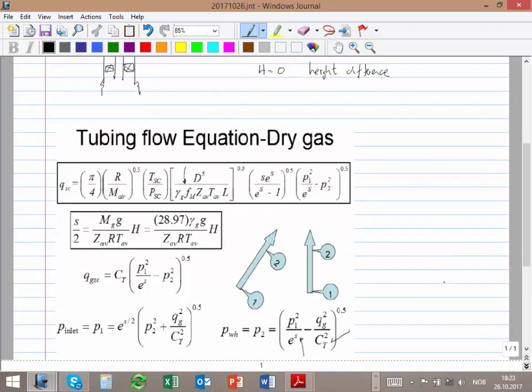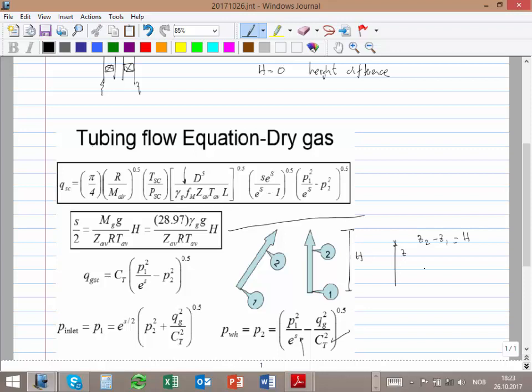Let's put h, because h is the difference in the z direction, in the vertical direction, between z2 and z1. This is what h means. Let's say the two points are at the same level.